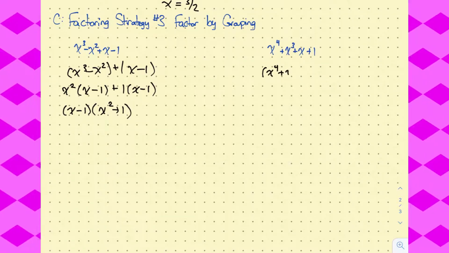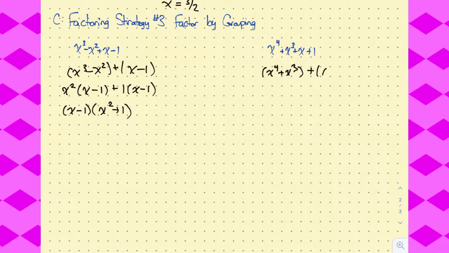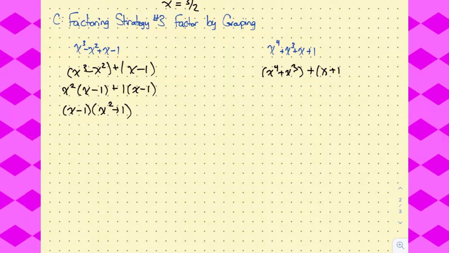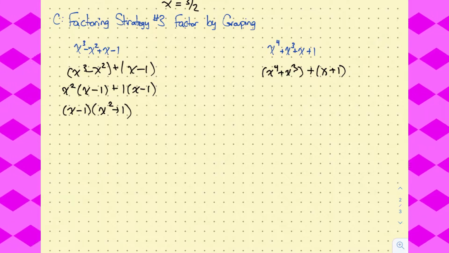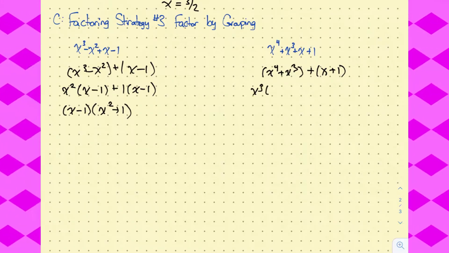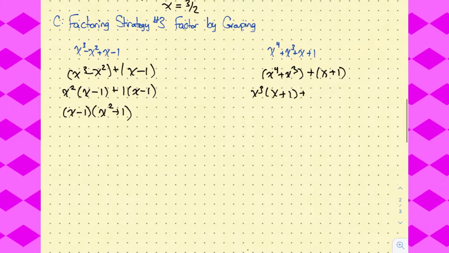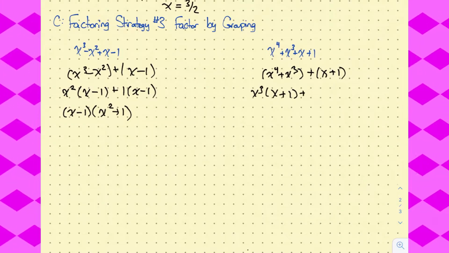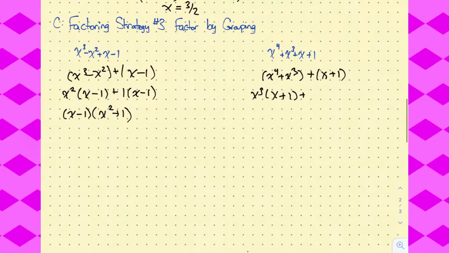x to the fourth and x cubed. And x plus 1. So again, in the first group, I can factor out an x cubed. In the second group, it's the same as it was on the previous example. There's nothing I can really take out, but I can at least pretend to.